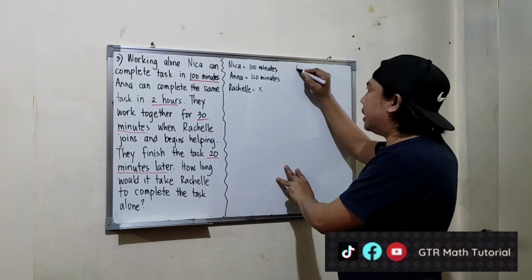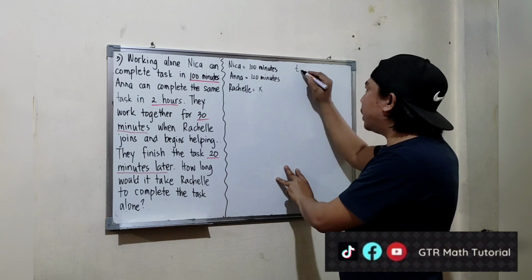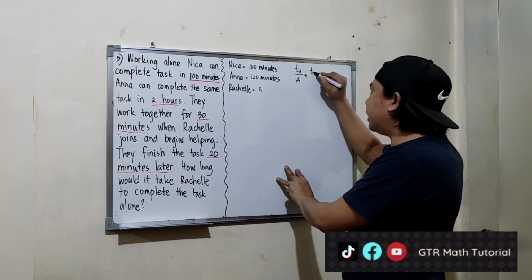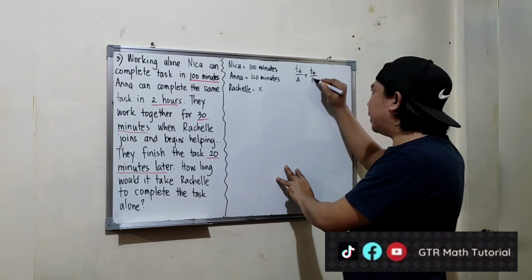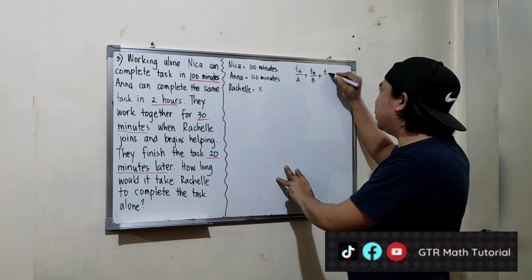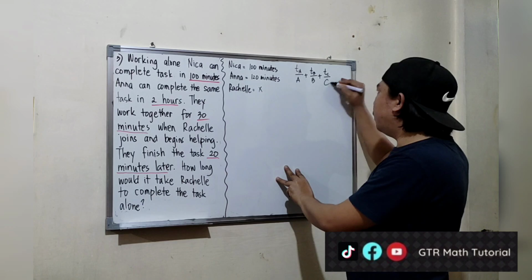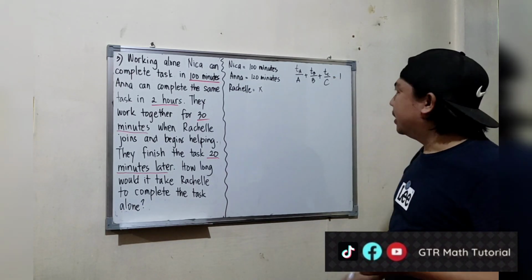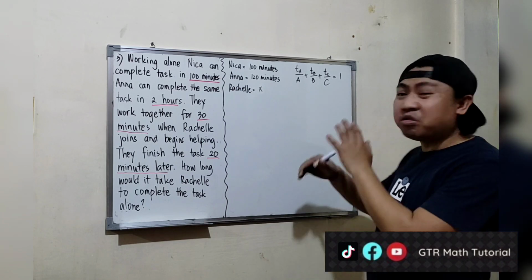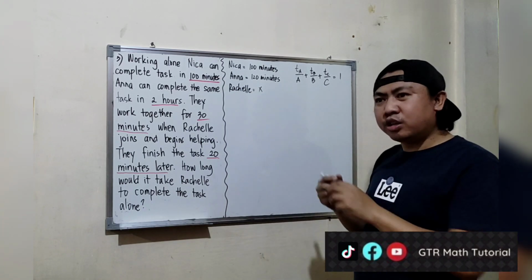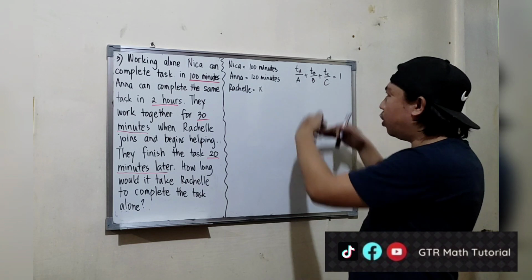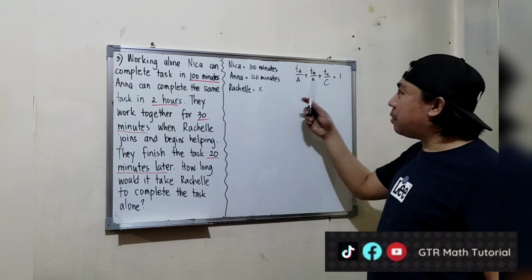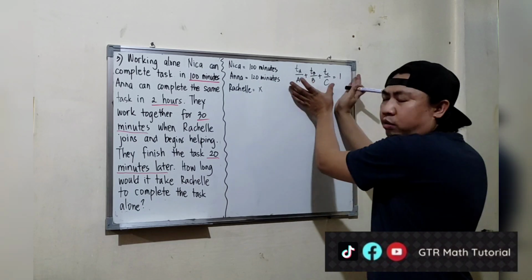Yung tandaan nyo ay time ni first person A over rate niya plus time ni second person over rate plus time ni third person over rate, is equal to 1. Mas magandang gamitin ito dahil magkakaiba kasi yung time nila. Magandang gamitin yung isa, yung 1 over lahat, kapag parehas ng time. Dito magkakaiba kasi yung time, kaya mas maganda itong isang to.